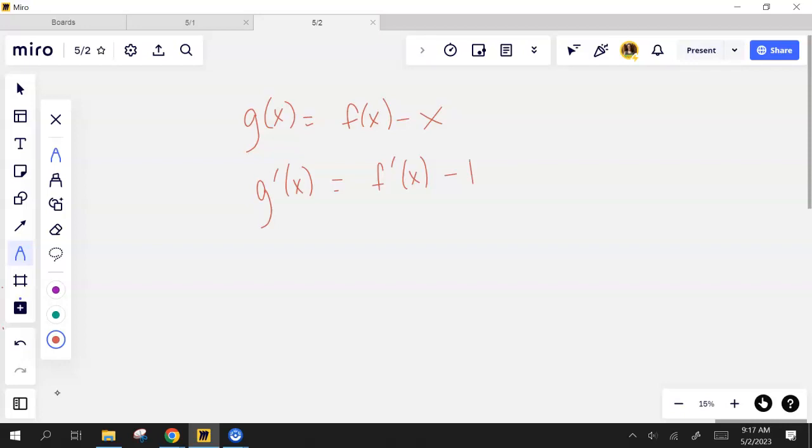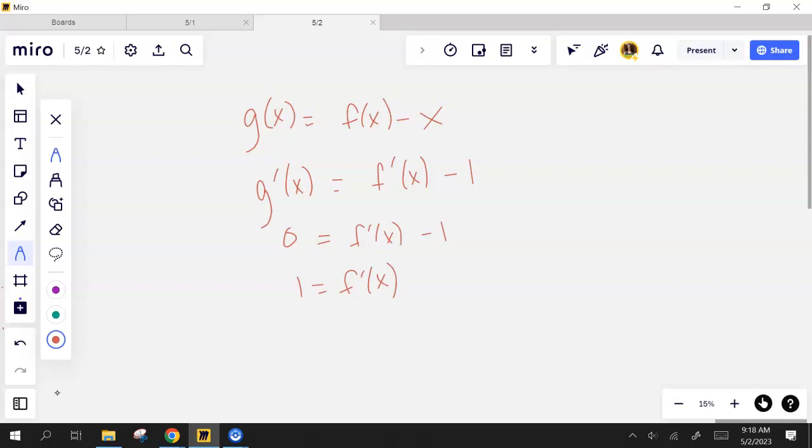Now what? Say again? Set it equal to 0. I got a graph there provided for me of f of x.